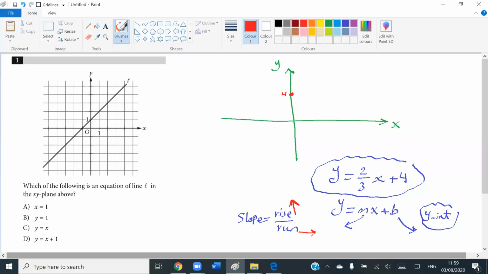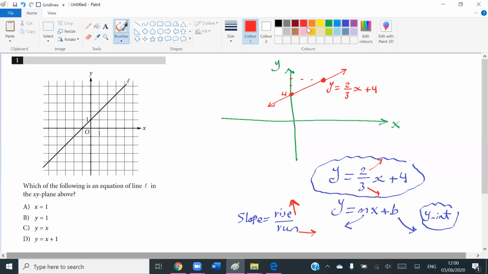Our slope now is 2/3. So I move 2 up and 3 to the right, and I take another point. When we connect these 2 points together, we get the required equation. So this line represents y equals 2/3x plus 4.